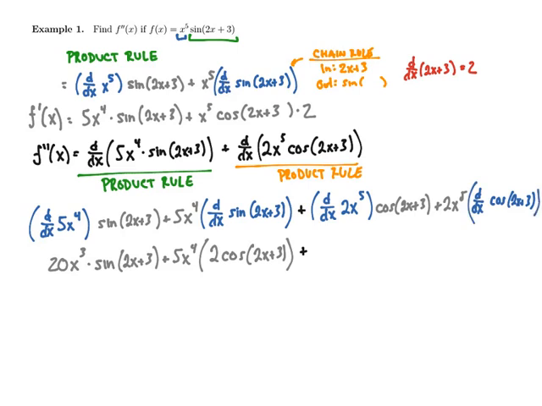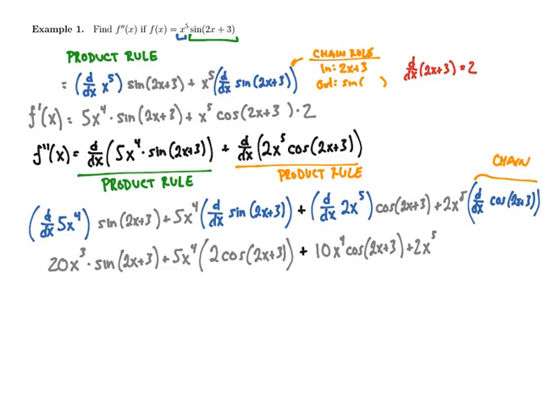The derivative of 2x to the fifth is just the power rule. It's going to give us a 10x to the fourth. We have a cosine of 2x plus 3 that comes along for the ride, plus a 2x to the fifth. And then this cosine of 2x plus 3, we are going to use the chain rule here.